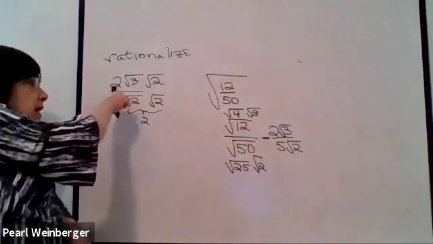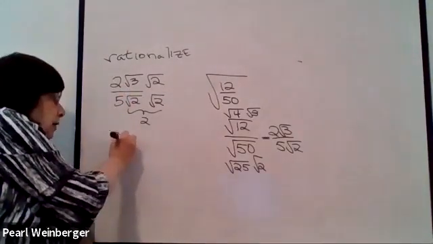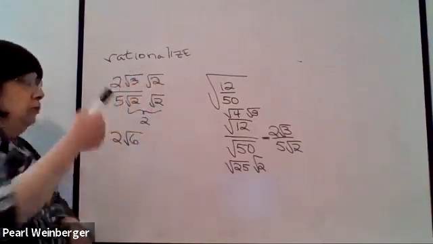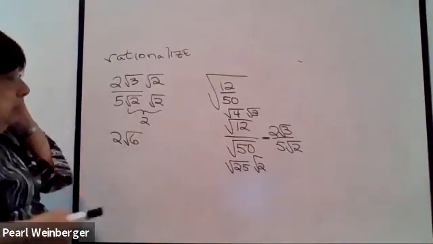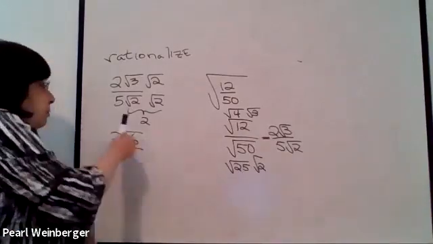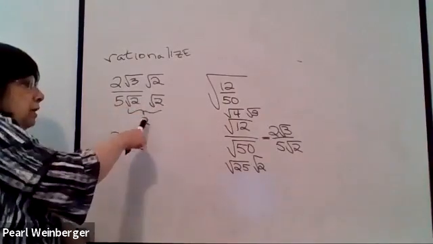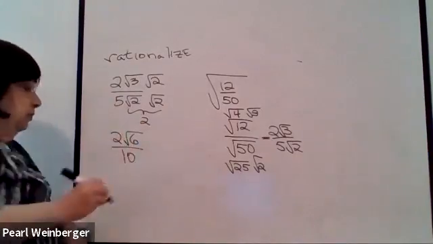So in the numerator, I have 2 radical 6, because the 3 and the 2 are both inside radicals, so they can be multiplied. On the denominator, I have 5 times 2. Remember, radical 2 times radical 2 just gave me 2, so that gives me 10.